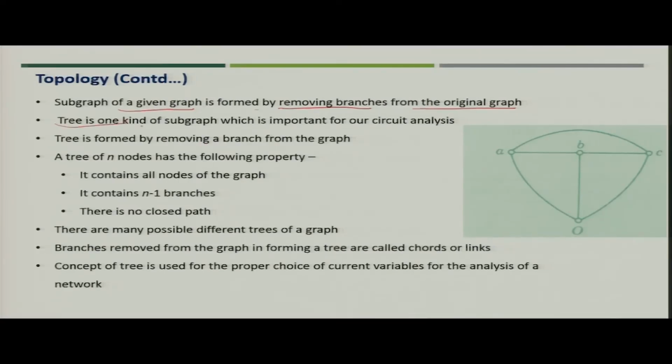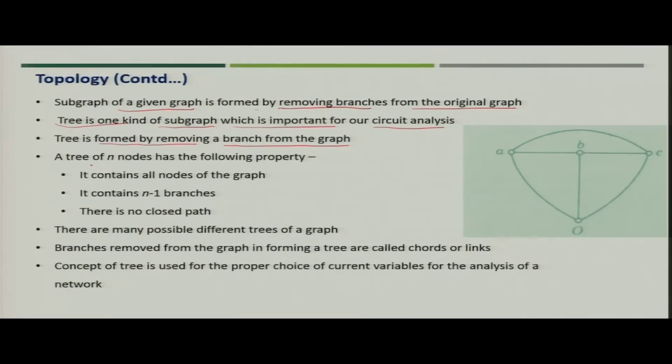Now, what is a tree? A tree is one kind of subgraph which is important for our circuit analysis, and it is formed by removing branches from the graph. So, a tree can also be considered as a subgraph, but it has some special properties.